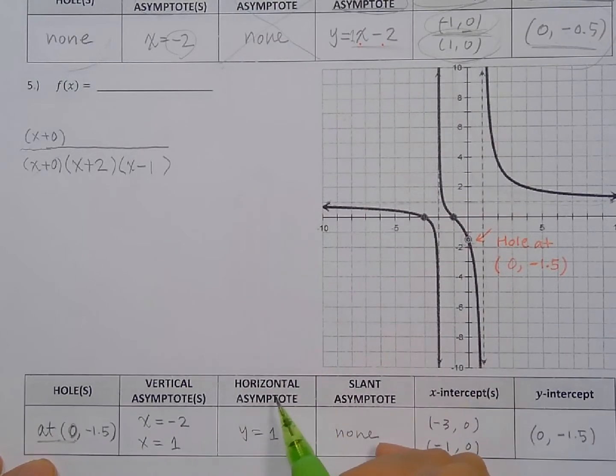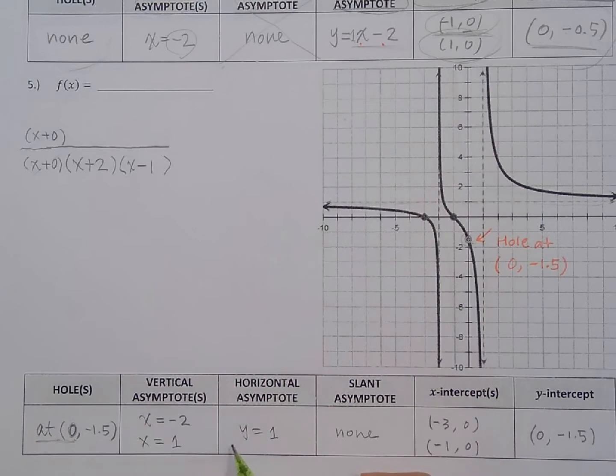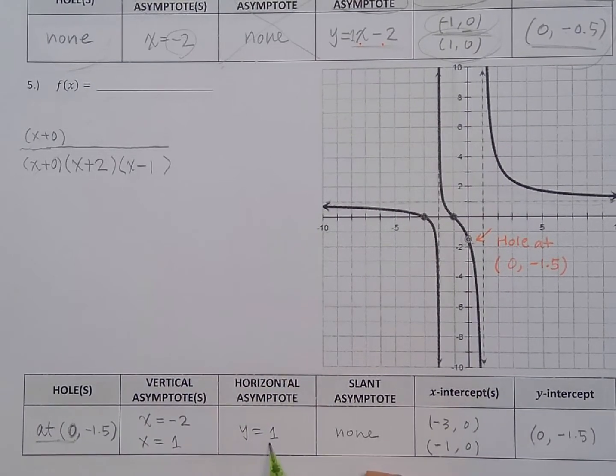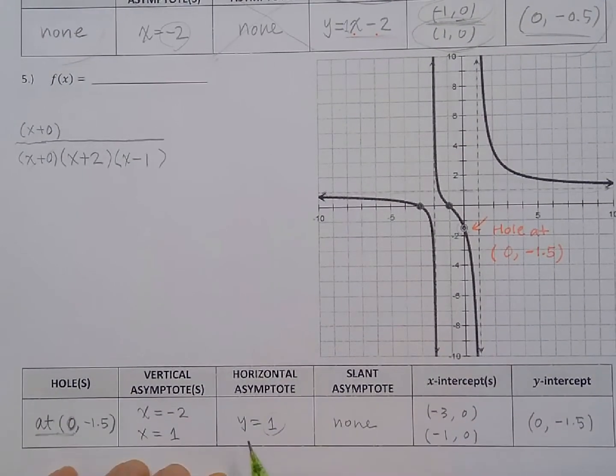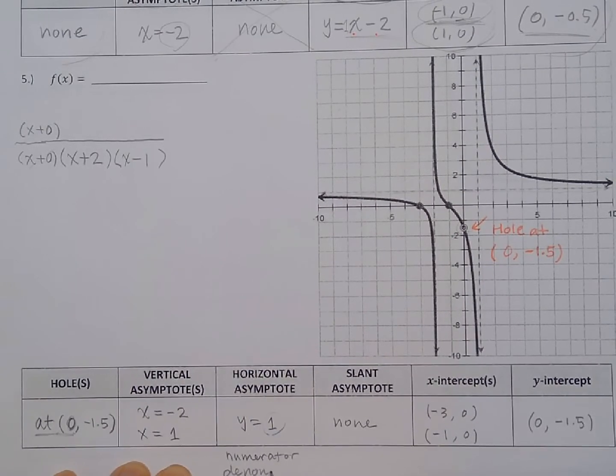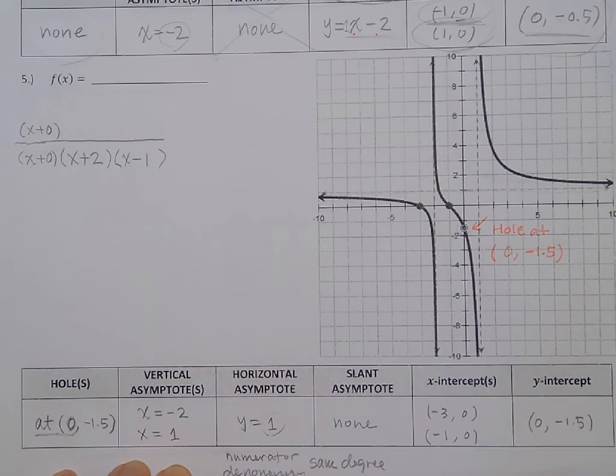Okay. Then now, I know for sure having a horizontal asymptote at y equals positive 1, then I have to set the numerator and denominator with the same degree.